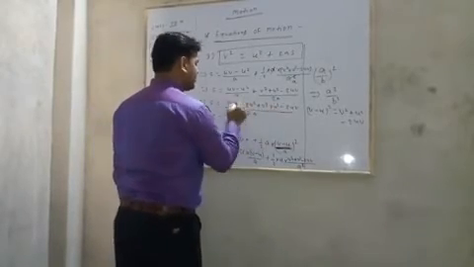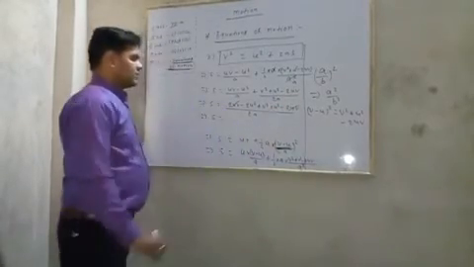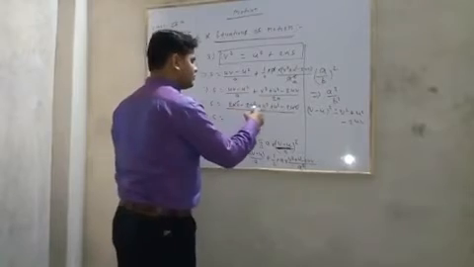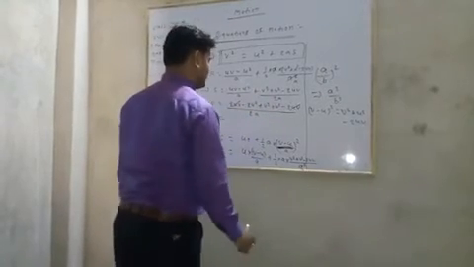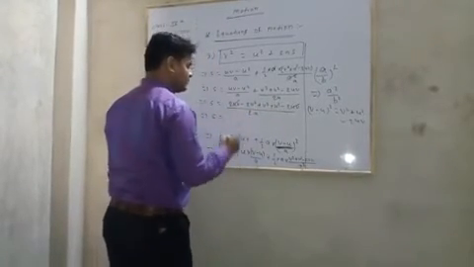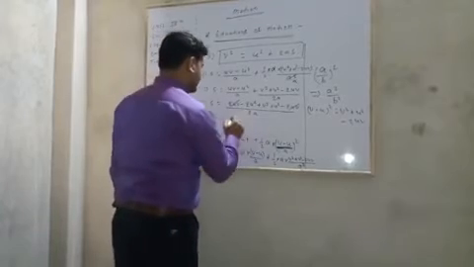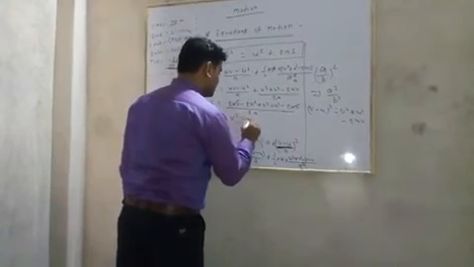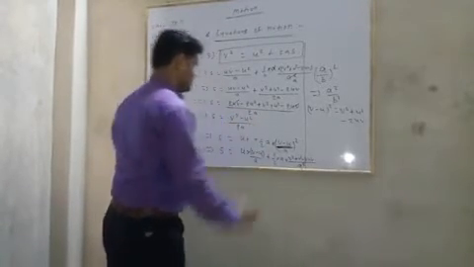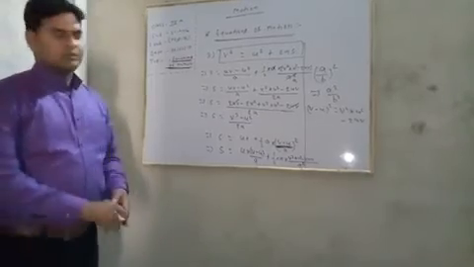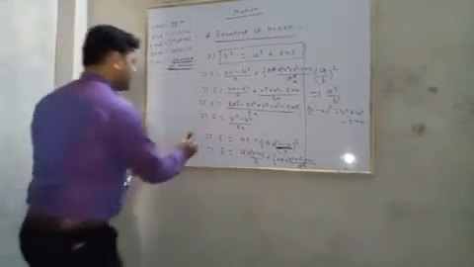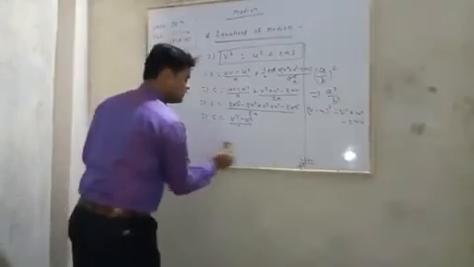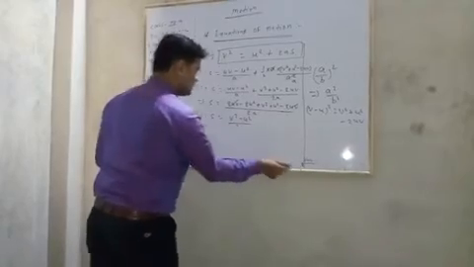Plus 2uv minus 2uv will be cancelled. Minus 2u square plus u square is minus u square. And v square, then v square minus u square by 2a. Is it clear? Now we will proceed further to find out the third equation of motion.